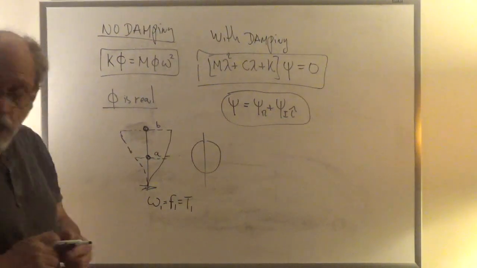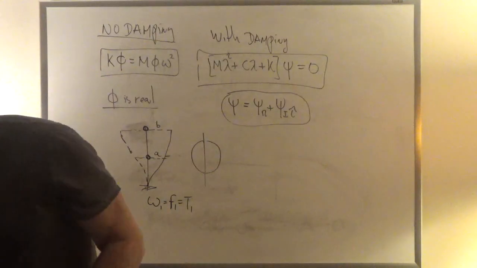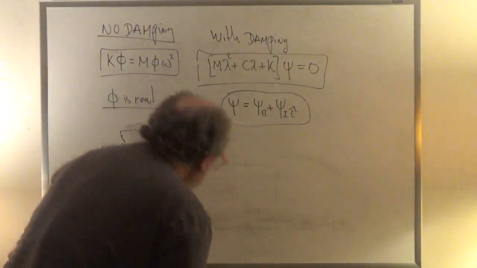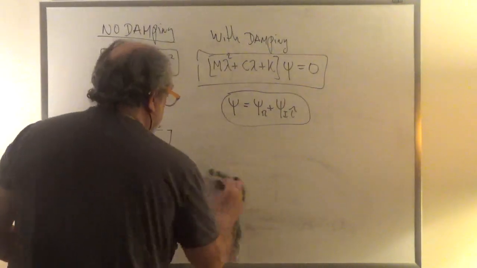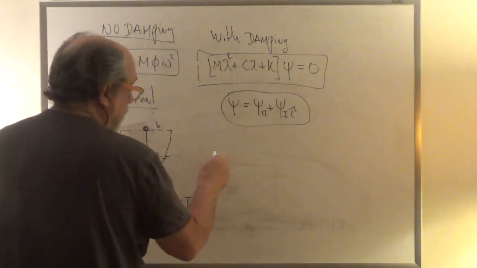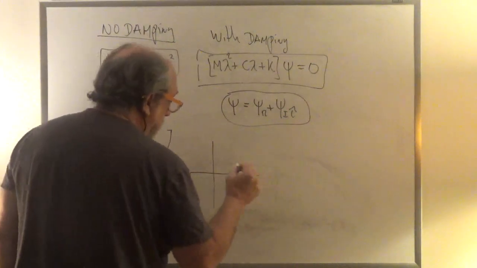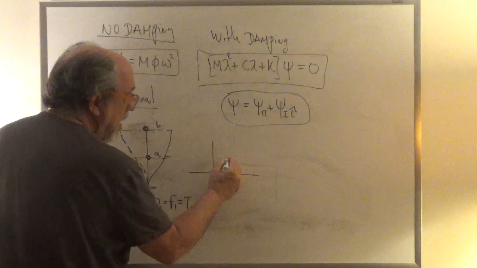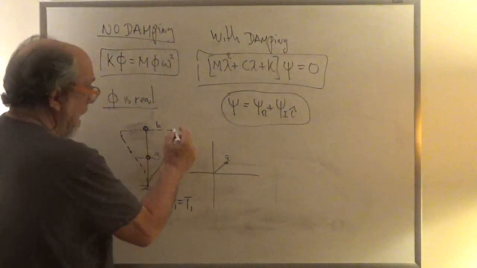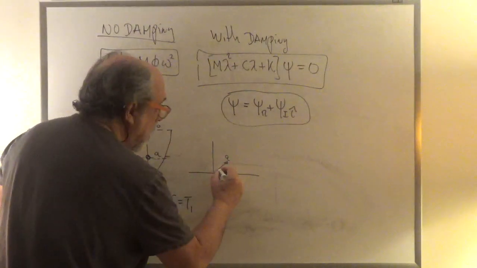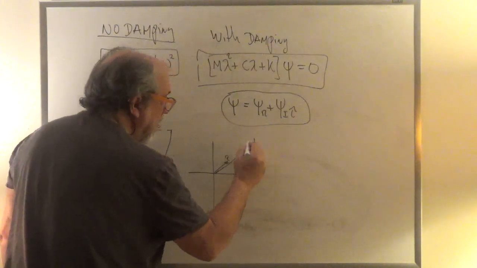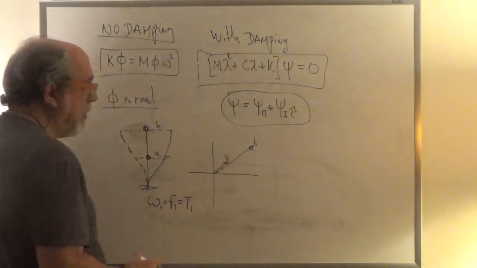You can illustrate it this way, right? You can say that what you have is a vector of length A and a vector of length B, which are exactly parallel. B is longer than A, right?